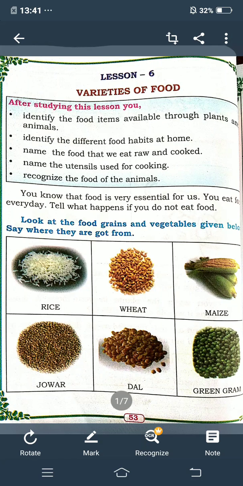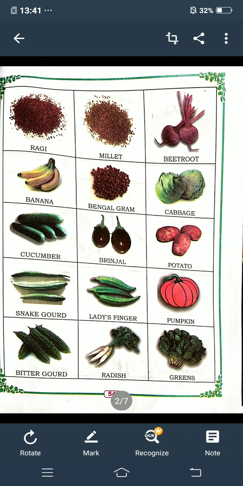Okay children. In the next page, ragi, millet, beetroot, banana, Bengal gram, cabbage, cucumber, brinjal, potato, snake gourd, lady's finger, pumpkin, bitter gourd, radish, greens. So in this picture, ragi, millet and Bengal gram are food grains.